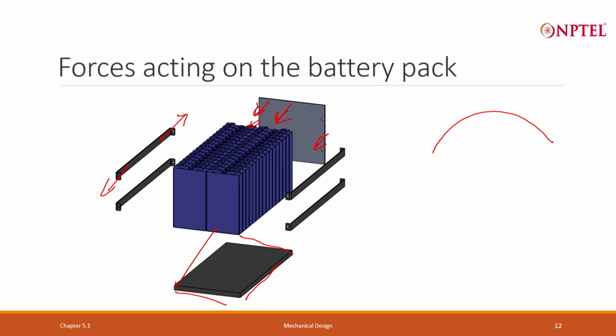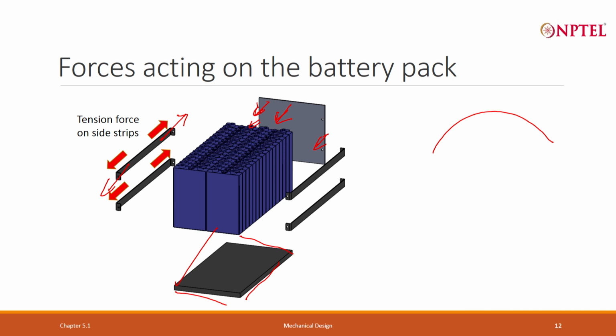It has a base plate, end plates, side strips, and it may have other components also, but right now we focused on these 3. And then there is a bus bar, which is connected with the cells, connecting all the cells together. We talked about the major force, what is the dominant force.